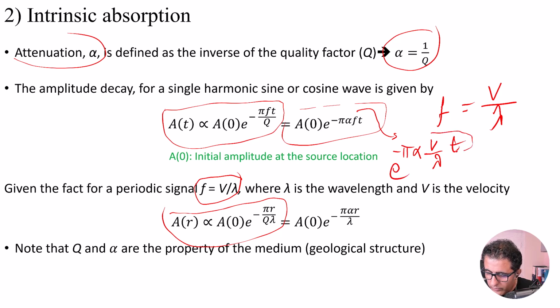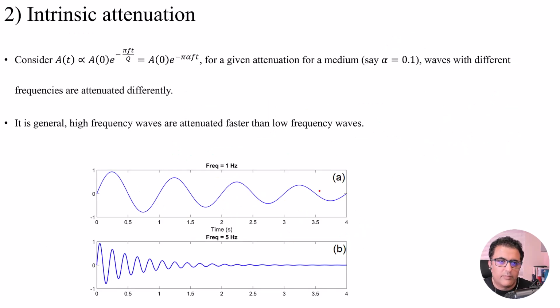And V times T, velocity times time, is equal to the distance, or R. So this equation can be written also in terms of R, and R is the distance from the source.